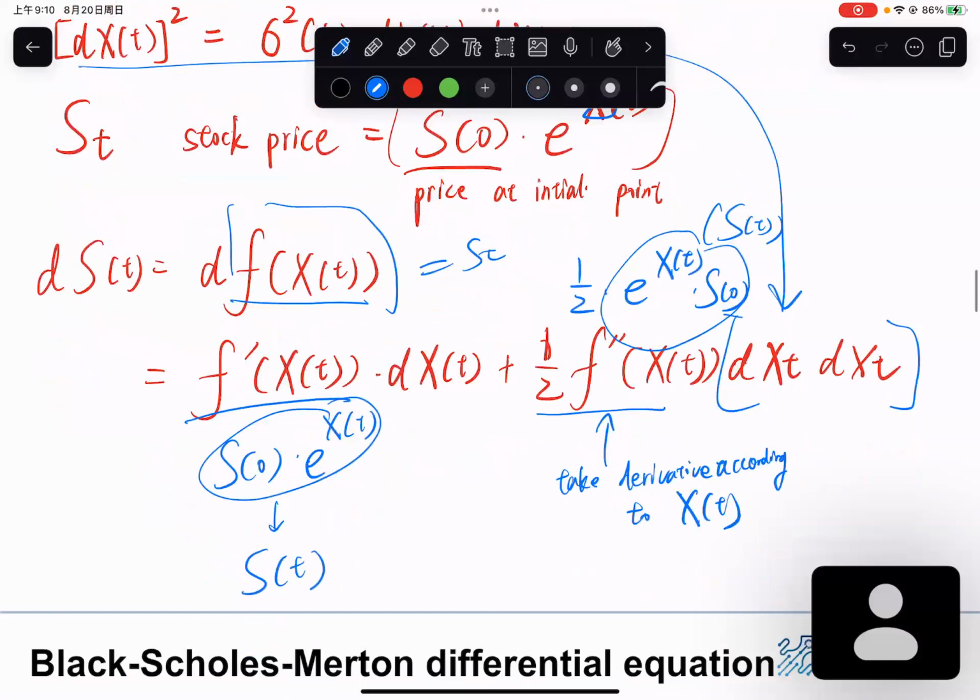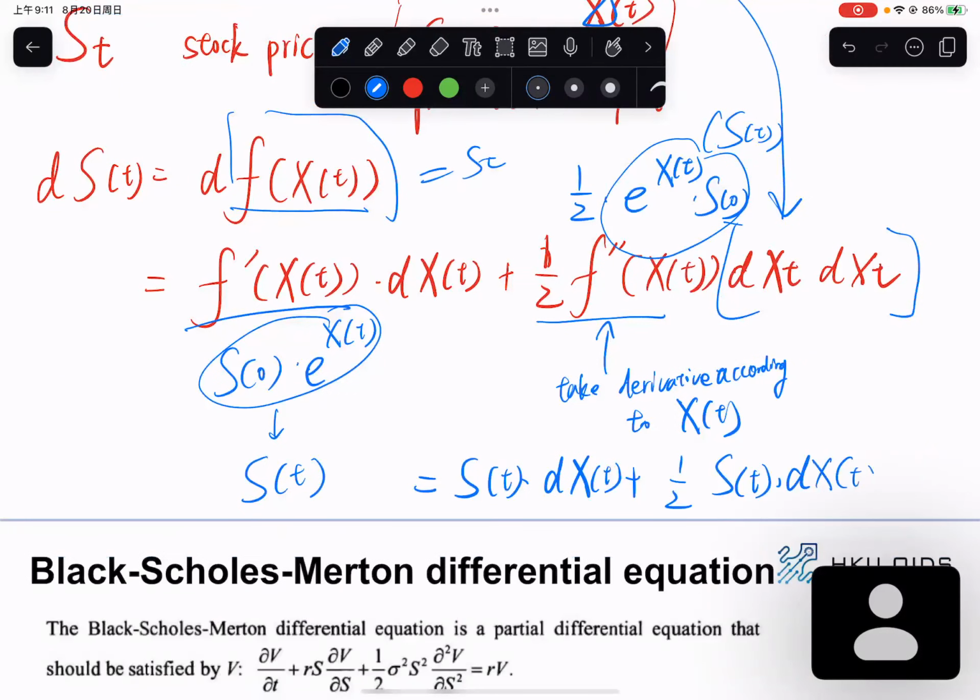So it becomes S_t dX_t plus 1 over 2 S_t dX_t dX_t.